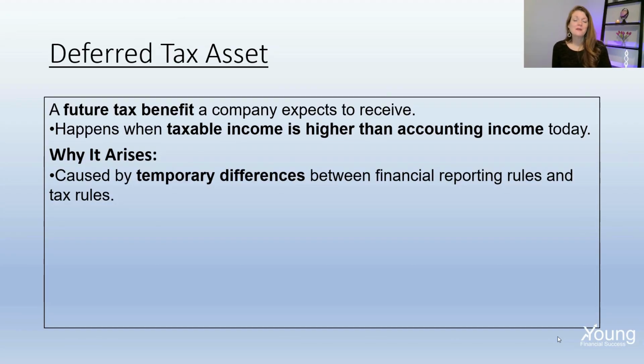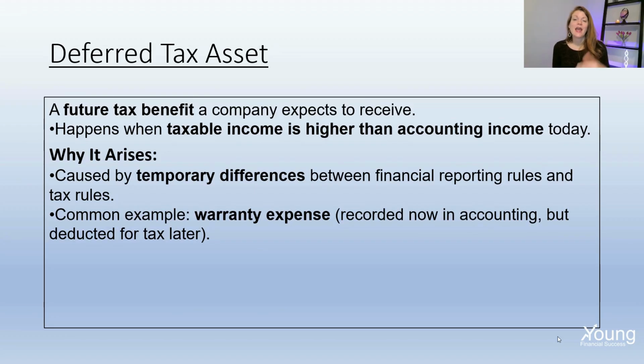This is caused by those temporary differences, and a common one would be warranty expense. We record it now in accounting, but for tax purposes, they're like, no, you don't get to do a warranty expense before they've actually exercised their warranty. That's how we do it in GAAP. We say, okay, we're going to go ahead and record the warranty expense, and then we're going to have that liability sitting there, knowing that at some point our customers are going to come back and exercise the warranty.